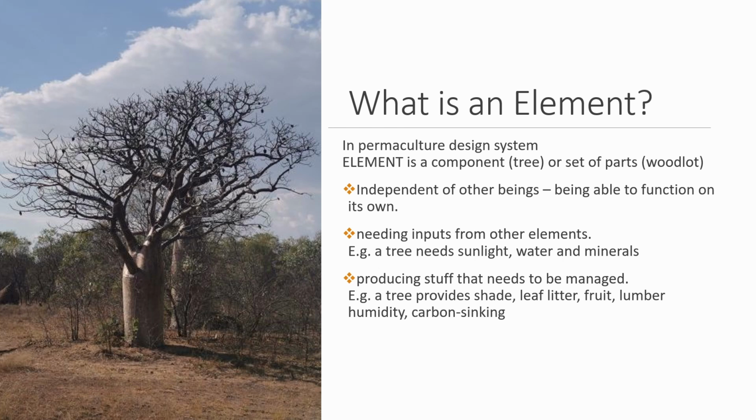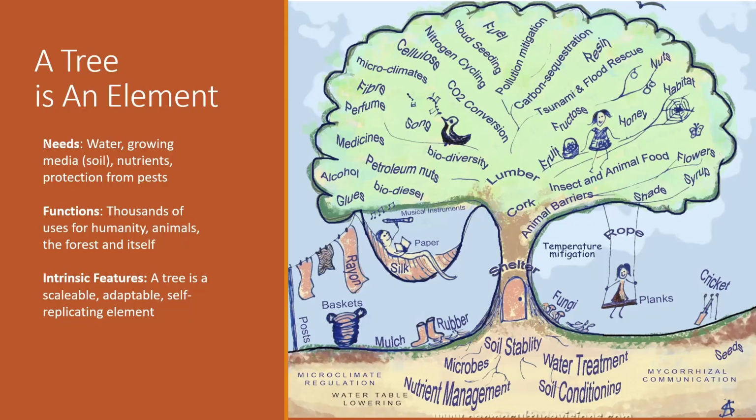And an element produces stuff that needs to be managed. A tree provides shade, leaf litter, fruit, lumber, humidity, carbon sinking, habitat. A tree is an element that has needs, many thousands of functions, and each tree is intrinsically different.